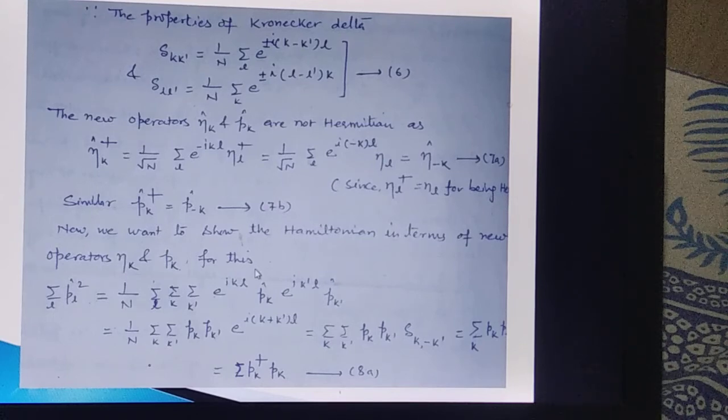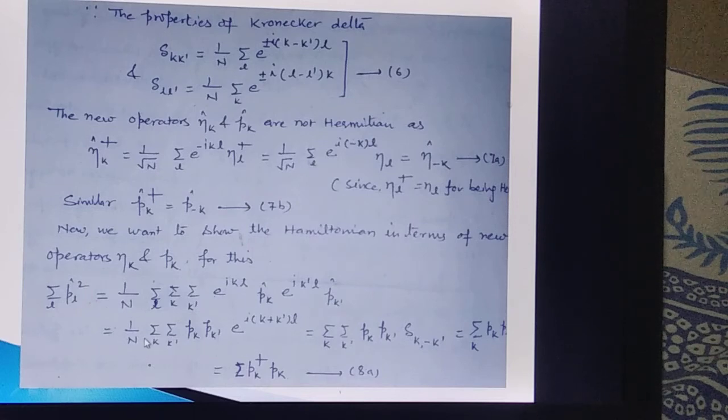So to find the Hamiltonian, first of all we have to write down summation pl square in terms of the pk operator. By using this simple calculation, you can write the value of pl in terms of pk. So this will be equal to 1 upon n summation l summation k dash exponential i k l pk dagger exponential i k dash l pk dash.